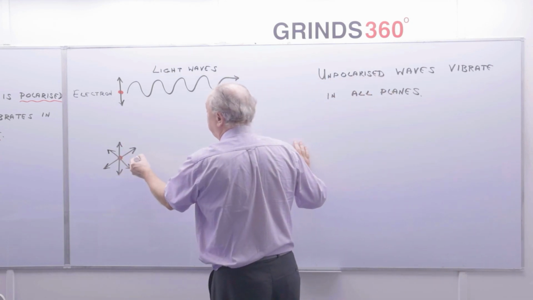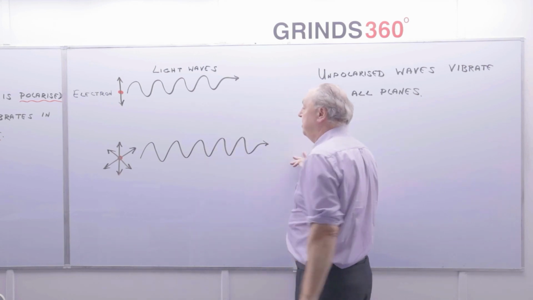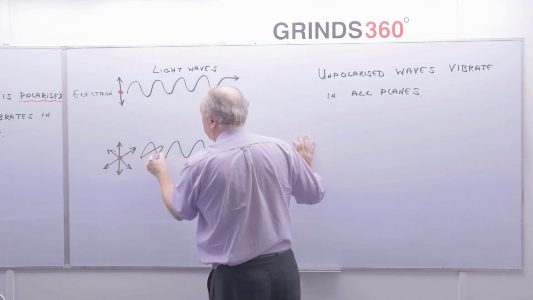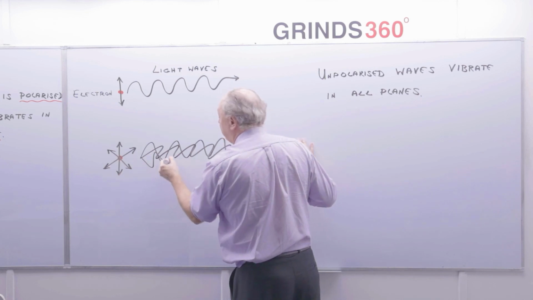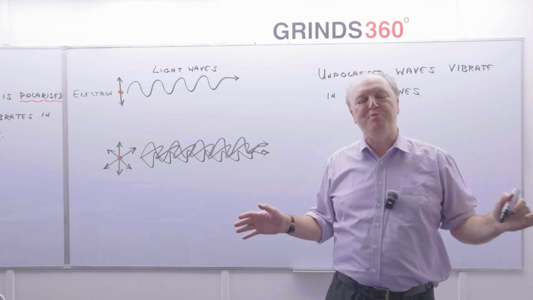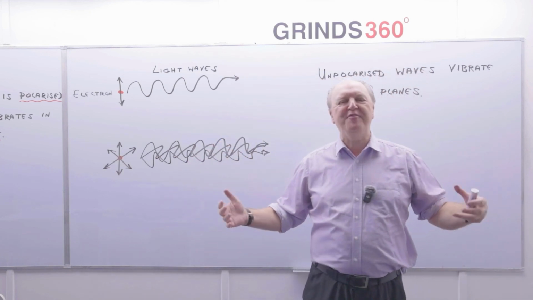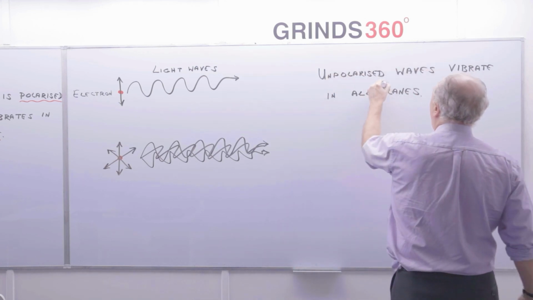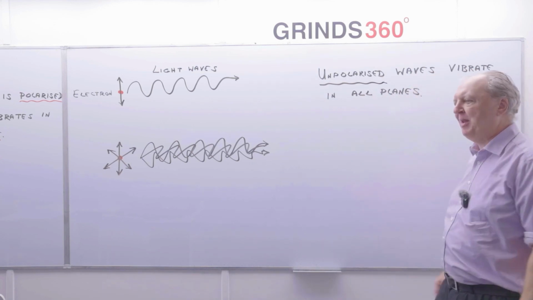Well, when it's vibrating up and down, you're going to get a vertically plane polarized wave. If it vibrates from side to side, you're going to get it going something like this. Pretty hard to draw on the board. Another direction, it'll vibrate something like this. So what's coming out from a light bulb is waves that are vibrating in every plane possible. We call that kind of wave unpolarized. Unpolarized waves vibrate in all planes.